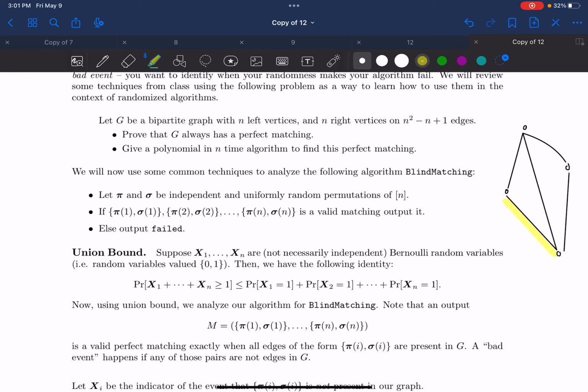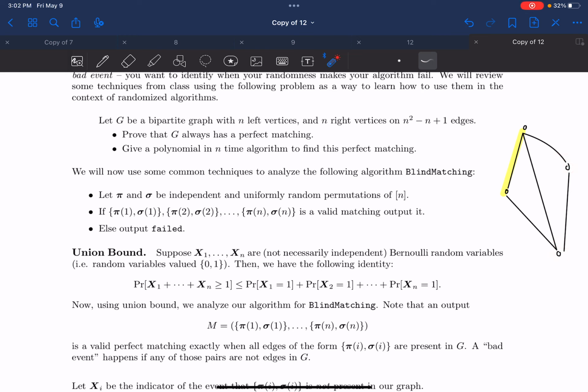This would also work, but something like this would not work, because these two vertices are touched by more than one edge. Similarly, something like this would also not work because these two vertices are not touched by any edge. So that's the definition of a perfect matching.